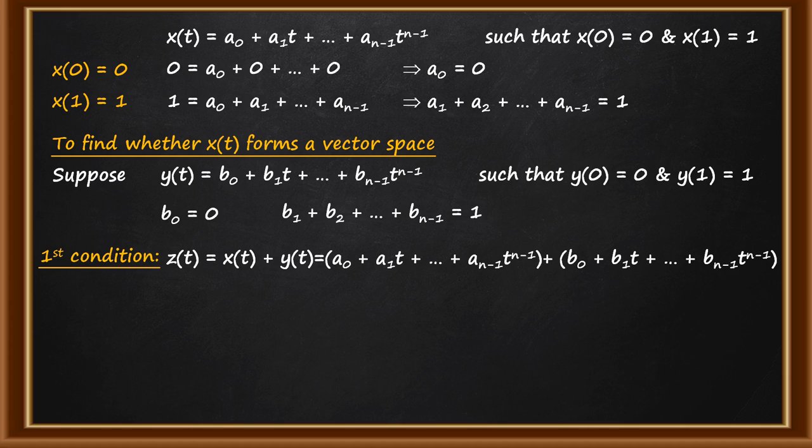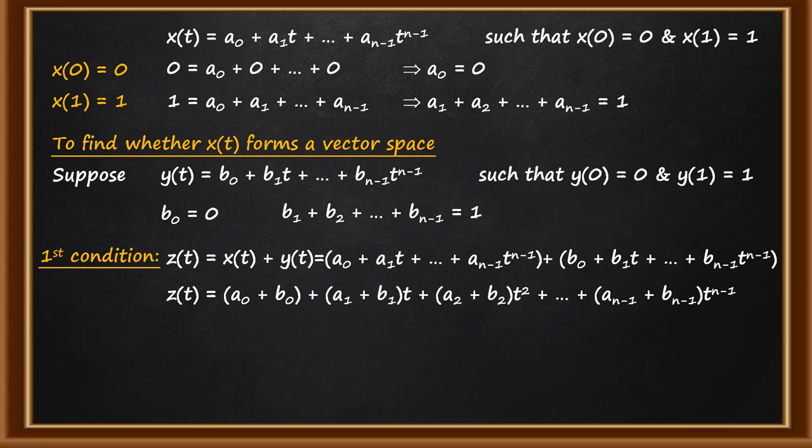Now we will arrange these in terms of powers of t, so z(t) will be equal to (a0 plus b0) plus (a1 plus b1) t plus (a2 plus b2) t square up to (a(n minus 1) plus b(n minus 1)) t to the power n minus 1. So this is the final equation we have got. Now we'll put the conditions for t and check whether z(t) is satisfying those conditions or not.